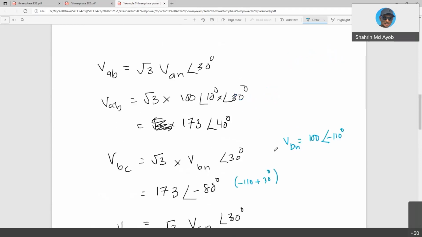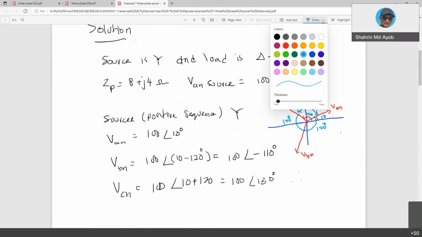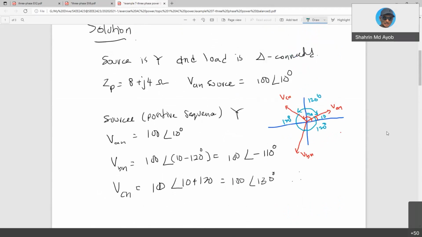If I plot my V phase and my V line, for example this one is your VAB, 30 degrees. My VBC also 30 degrees leading, and this one is my VCA, also 30 degrees.